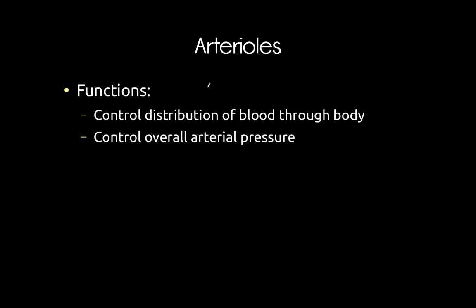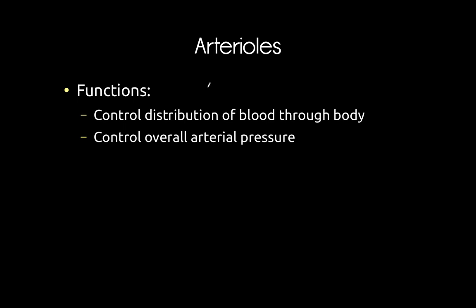Let's move on to arterioles, which are smaller vessels that branch off from arteries once we get down to the point where we're in the tissues that we want to deliver this blood to. So let's talk a little bit about the functions of these. First off, arterioles can control the distribution of blood through the body, so we can change where blood is going based on how the arterioles are functioning.